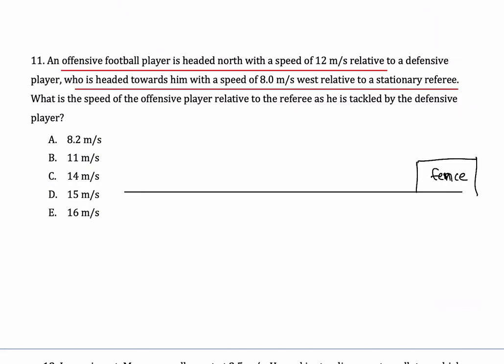We have an offensive football player that is moving towards a defensive football player. The defensive football player is moving with a speed of 8 meters per second with respect to the fence. So his actual speed is 8 meters per second.